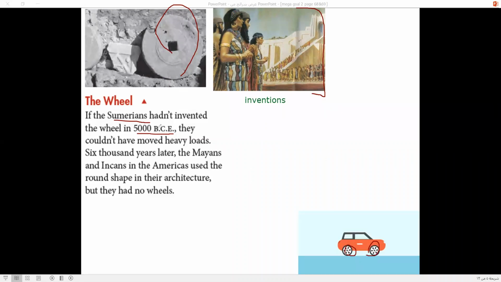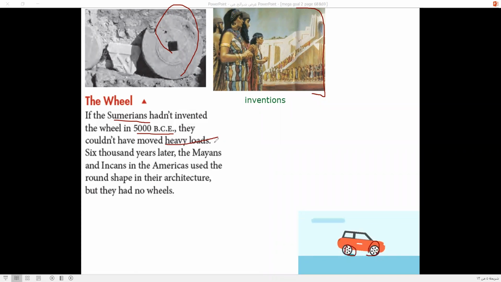The wheel, 5000 BCE. If they hadn't invented the wheel, they couldn't have moved heavy loads. What is the meaning of heavy loads? If you want to move to another house, you always ask for what? For a plane?